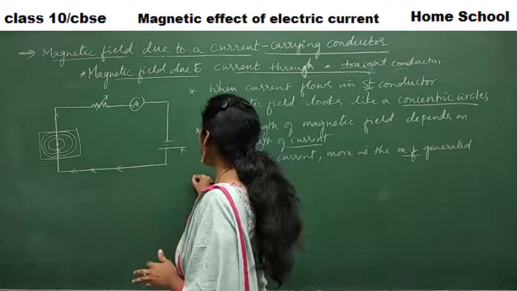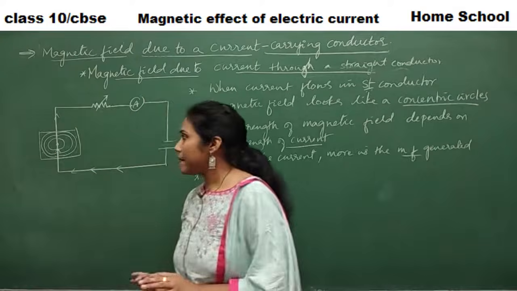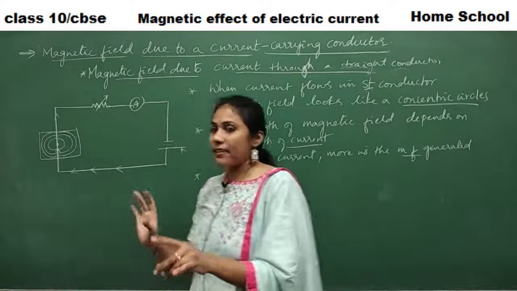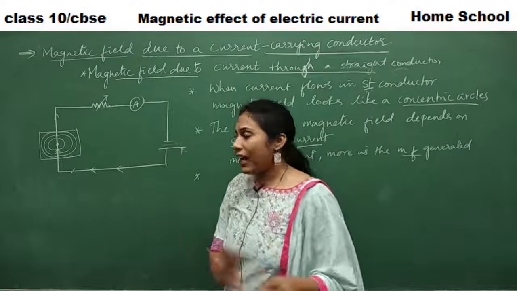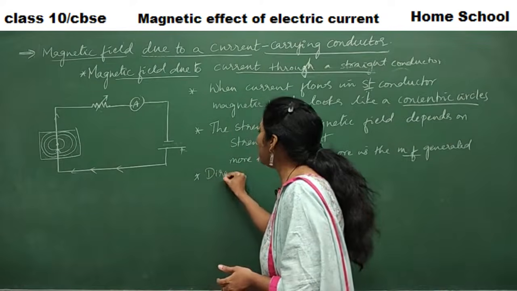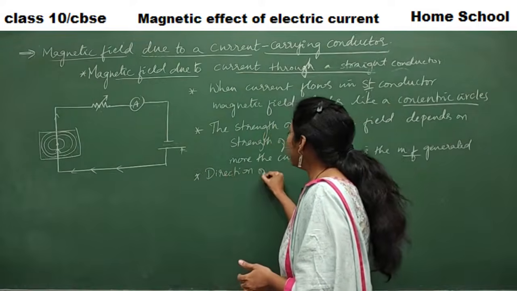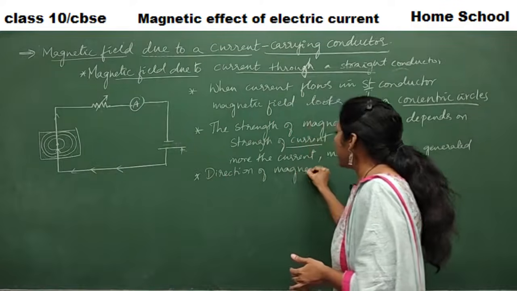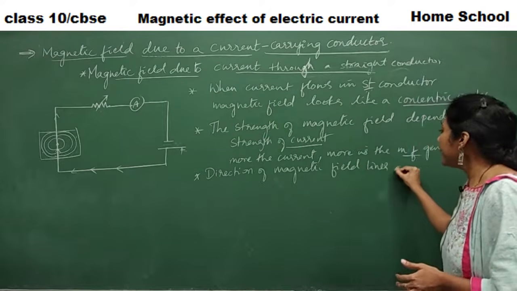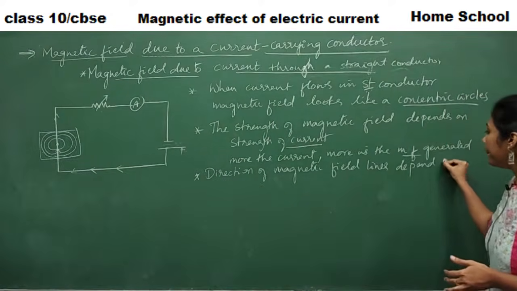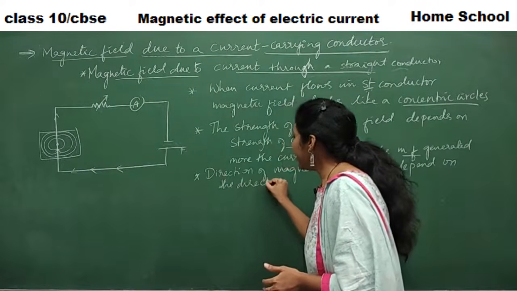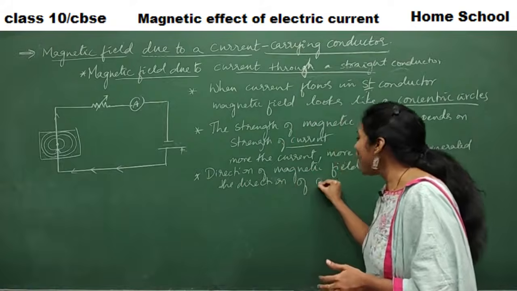Coming to the direction of the concentric circles. Still, I have not given a direction for the concentric circles. I will show the direction a little later, but try to remember this point. The direction of magnetic field lines depends on the direction of current.